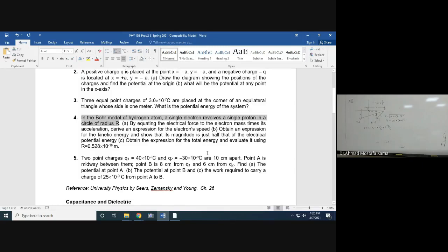Equate means make equal. What must be equated? The electron's mass times acceleration, m into a. Derive an expression for the electron speed.